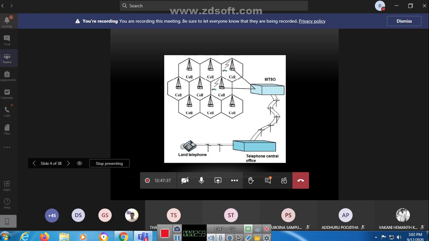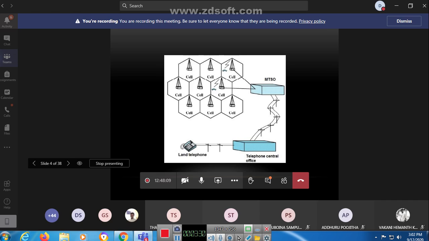So this is the communication process for the longest distance. For longest distance communication we can take the example of outside the country. You can take any two countries; from one country to another it will be an ISD call, and here the communication goes through the base station and mobile telephone switching office to the central office.